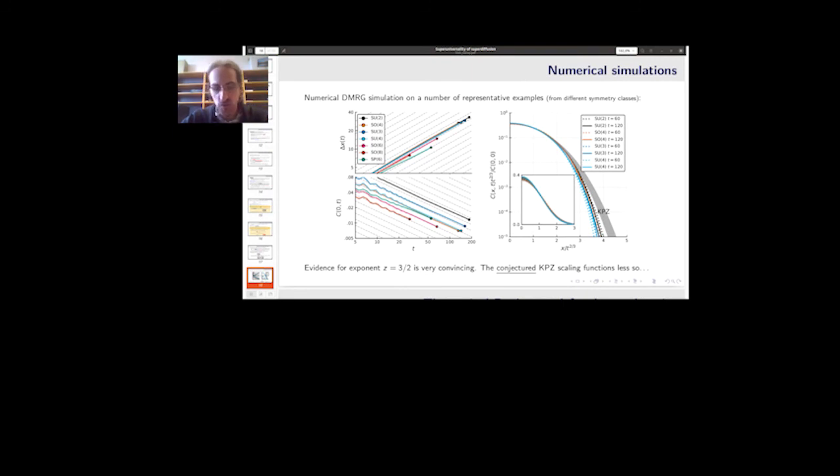So when you switch off the chemical potential, it's still finite. So the Drude weight doesn't get switched off. Then what you can still ask is what are the subleading corrections, and there you can find some anomalous subleading corrections.